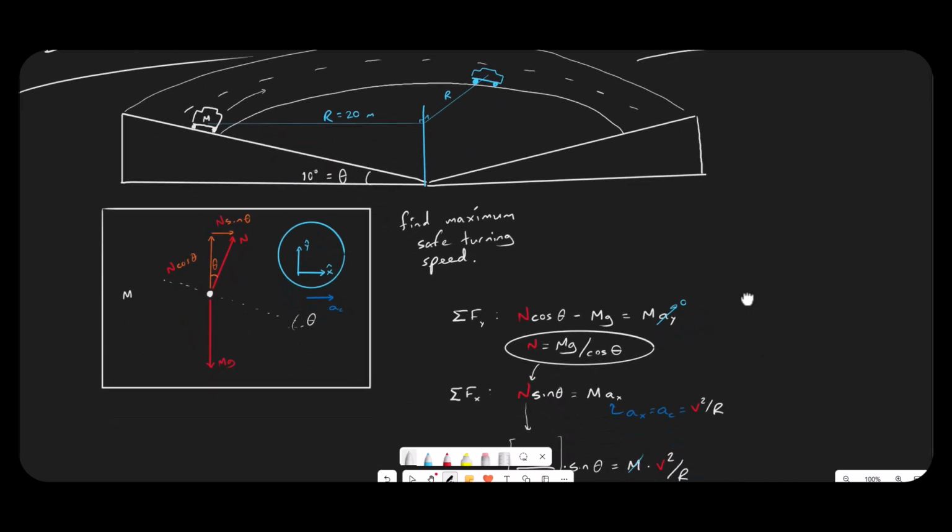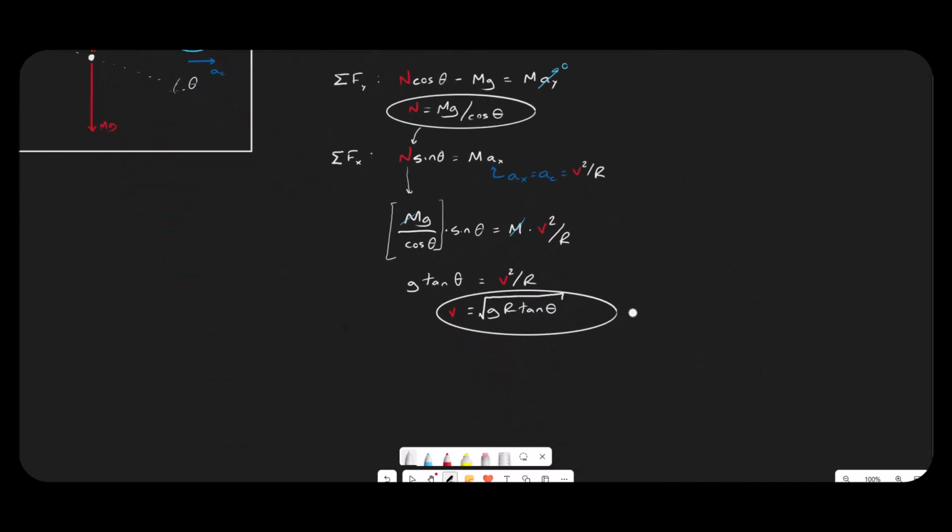So if theta equals 10 degrees and r is 20 meters, which is a small radius for like a freeway turn, then v equals the square root of g r times the tangent of 10 degrees, and we would get about 6 meters per second. 6 meters per second works out to be a little more than 12, about 13 miles per hour.